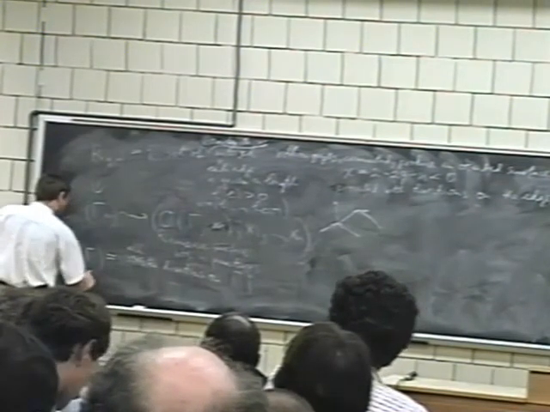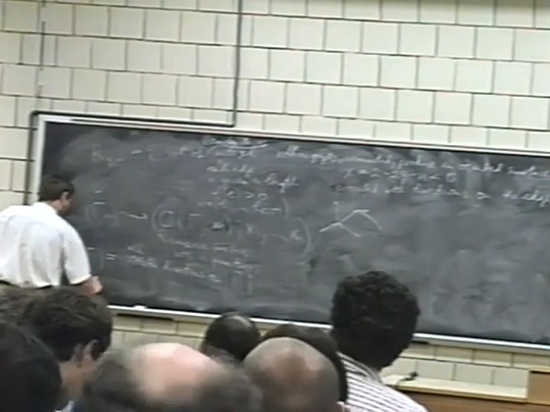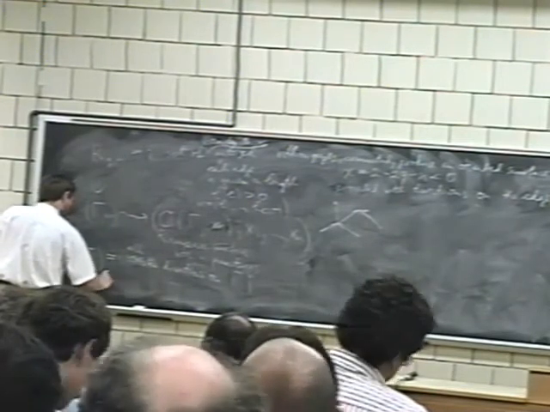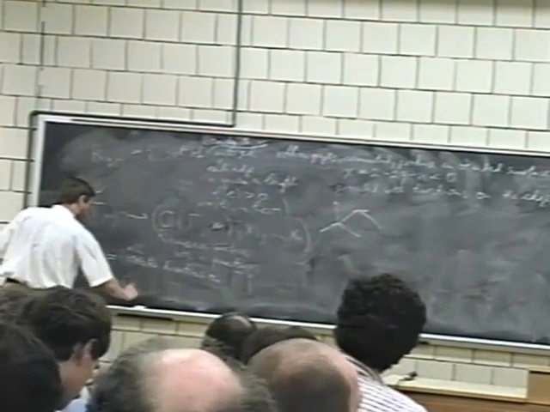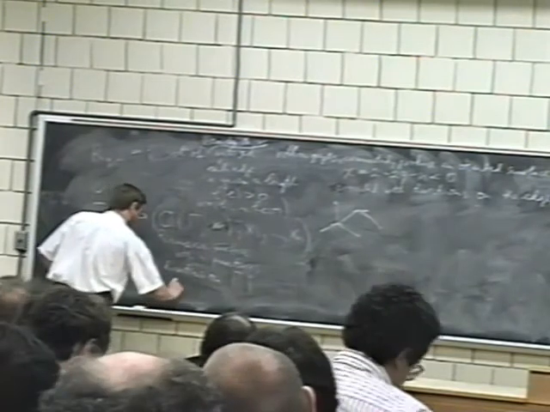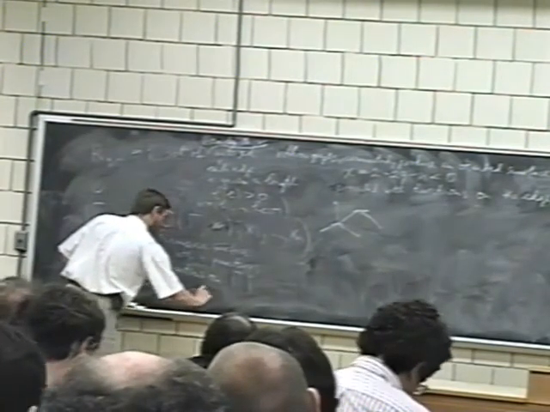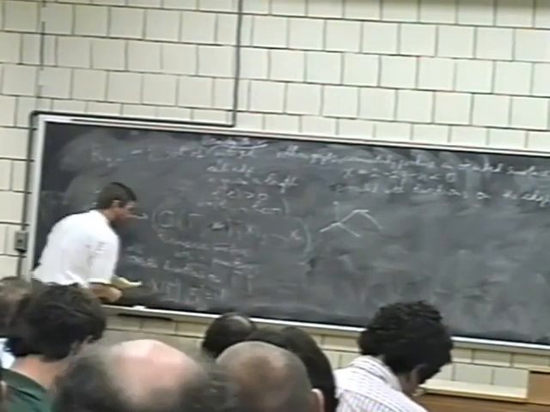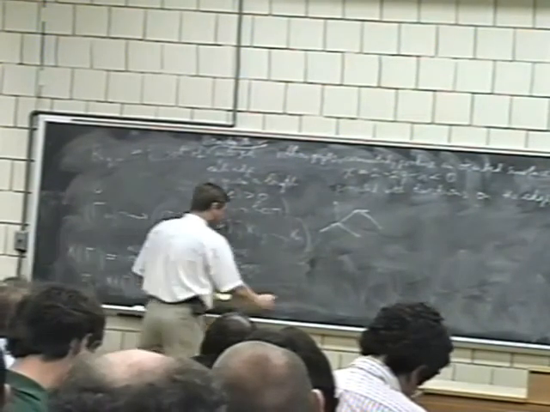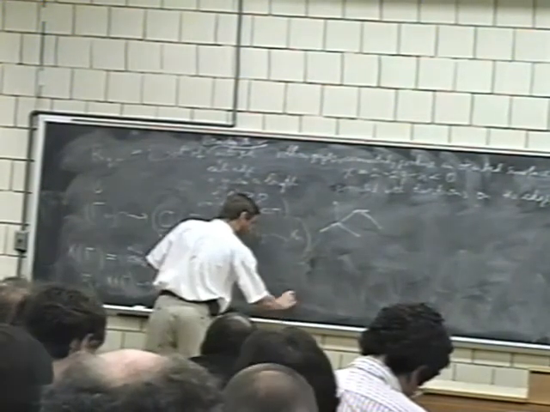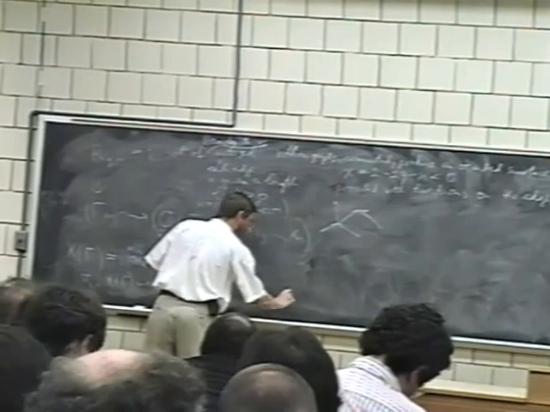So on this set, I will define two operators. The first one will be sigma 1, and this will be an involution. Sigma 1 squared will be the identity. It will invert all orientations.